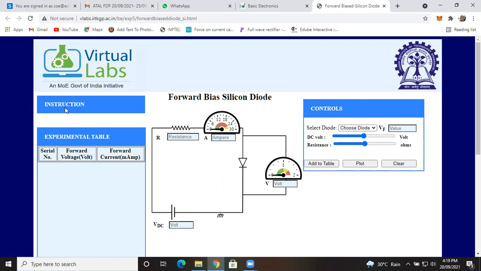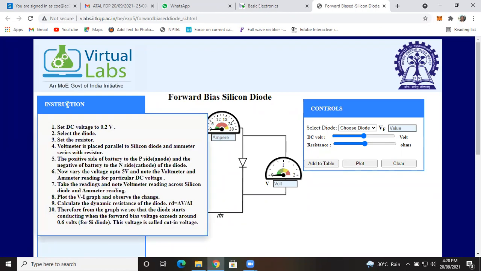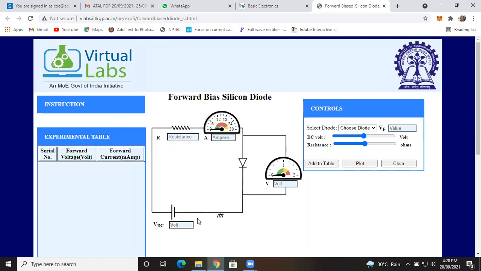Now see, what is the first instruction? Set DC voltage to 0.2 volt. If you observe the circuit diagram, this is a PN junction diode, and to this diode a voltmeter is connected. This voltmeter shows the voltage across the PN junction diode.